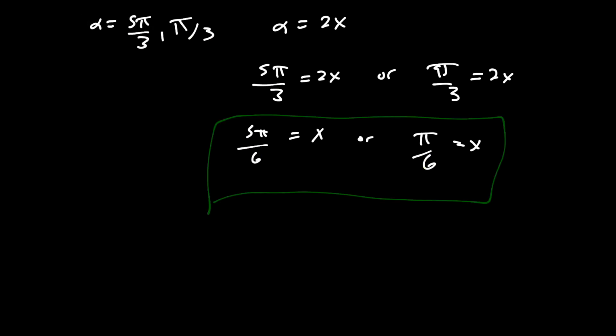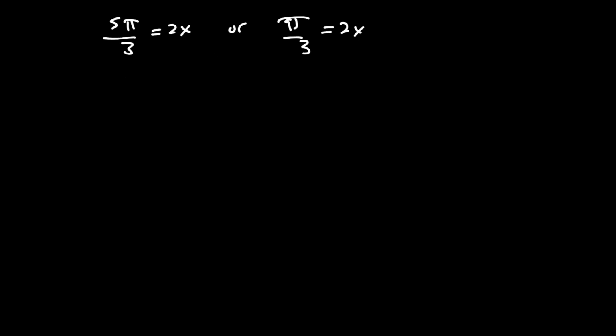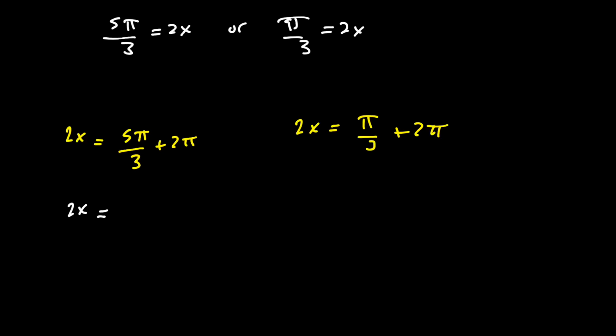So let's go ahead and take these equations here and rewrite them real fast. We'll go to a new page. We take our 2x, and this is going to be equal to 5 pi divided by 3 plus 2 pi. And our other equation is going to be 2x is equal to pi divided by 3 plus 2 pi. Simplifying these equations, on the left-hand side we get 2x is equal to 11 pi divided by 3.